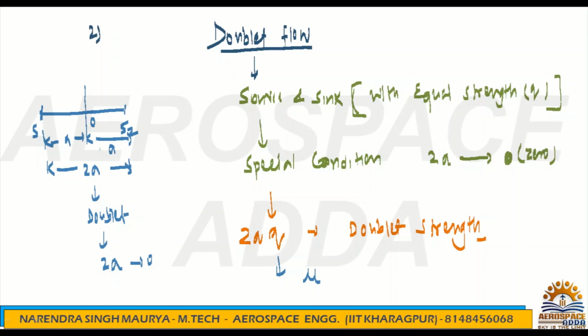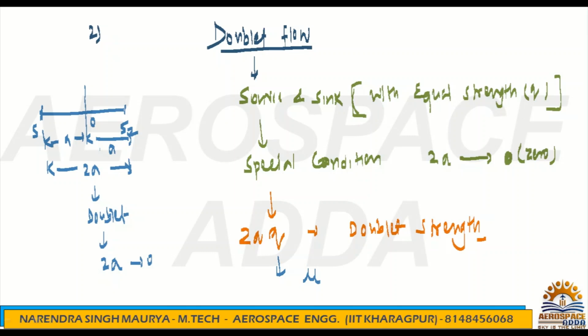So that time 2a distance into the strength of the source, that is q. If you write the product of 2a and q, it will give the doublet strength, just like a source strength was q. So now doublet flow has been generated because of the special combination of source and sink. And now if you write the doublet strength, it will be mu, but the value will be 2aq. Always remember, this is very special. Okay.